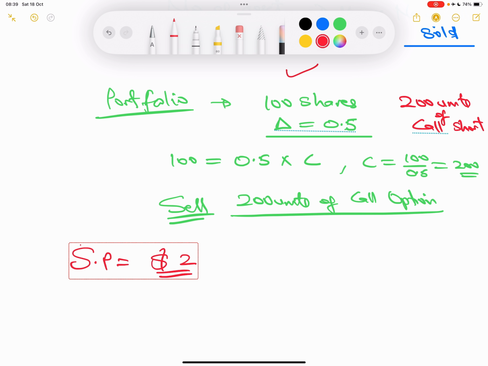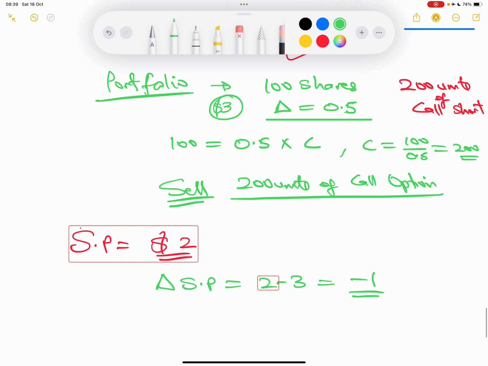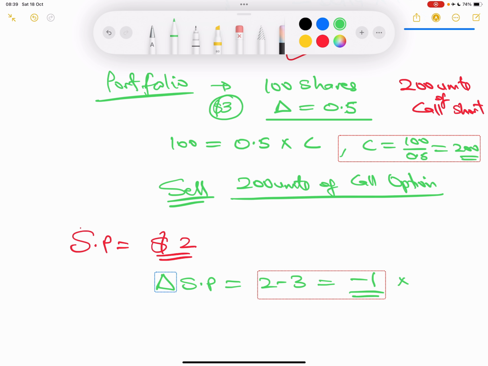And when we had this portfolio, let's say the price was $3. Now the share price has changed. So the change in share price is 2 minus 3, which equals minus 1. That looks like a loss position because we have 100 shares times 100.